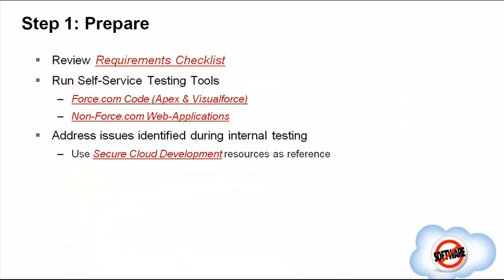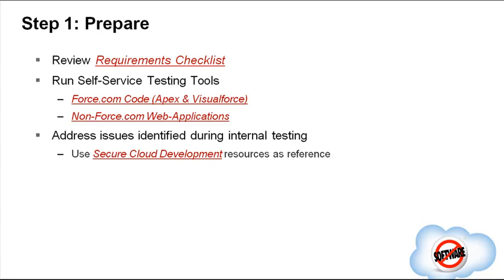As a partner, you want to go through a few different steps during this process. In the preparation phase, you want to make sure you've reviewed the requirements checklist that outlines in detail what we'll be looking for in your application during a review process. Hopefully by this time, you've already run your internal testing tools that we provided you, things like the Force.com code scanner for Apex and Visualforce, and the Burp Suite professional license for servers that are running outside of Force.com.